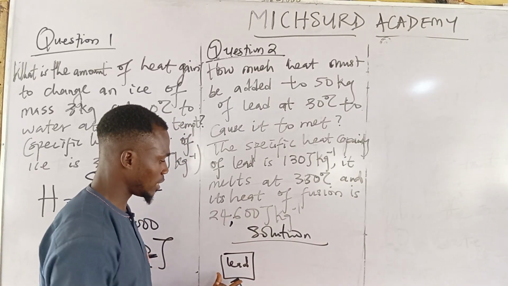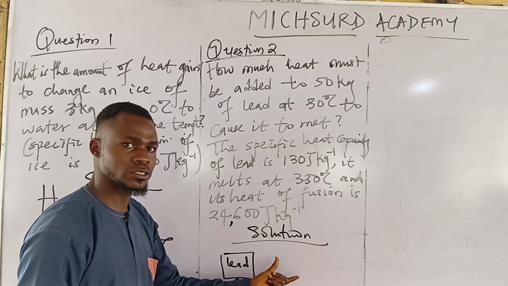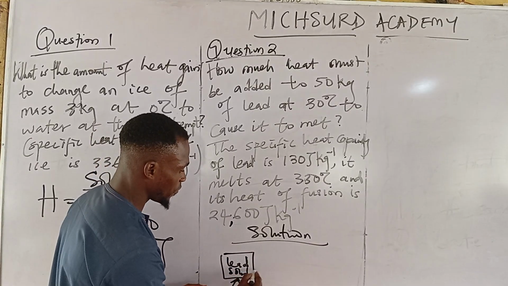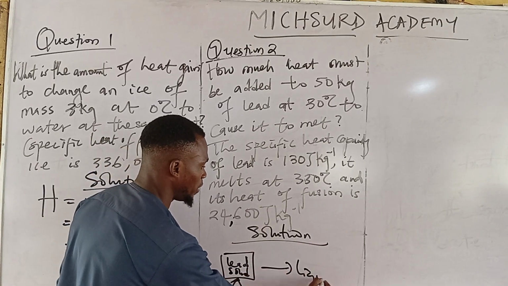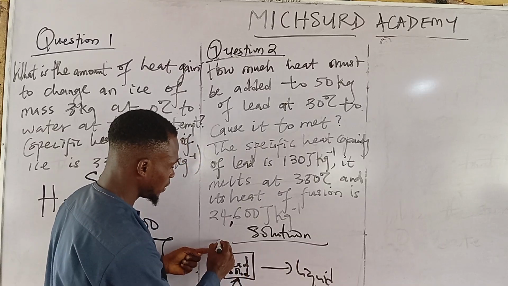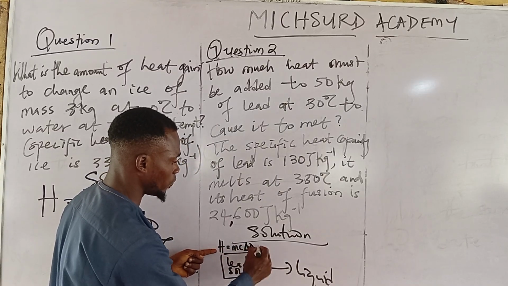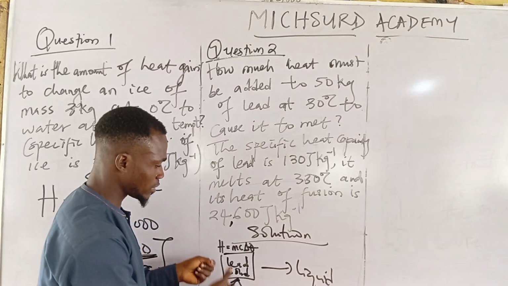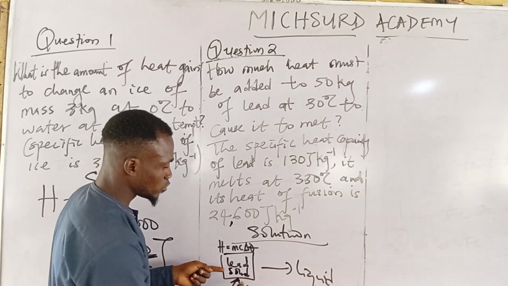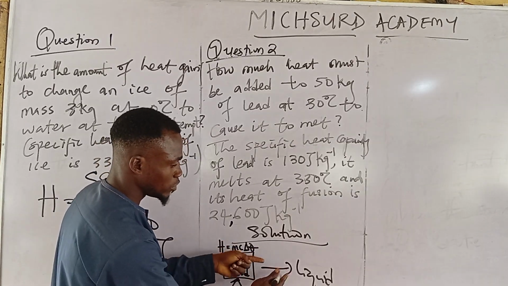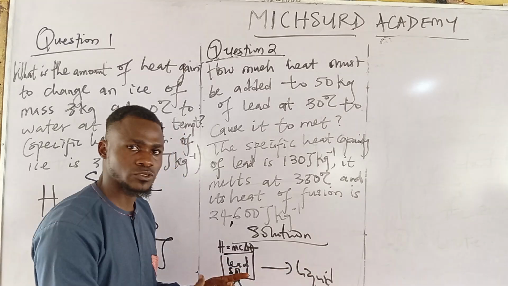The heat the lead will acquire while it is still in solid state, before it changes to liquid, is given as H equal to mc change in theta.